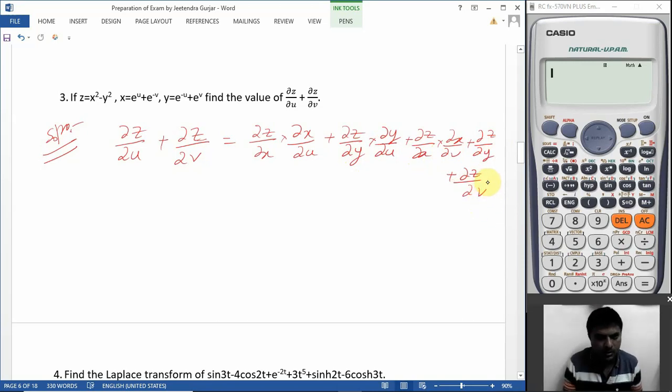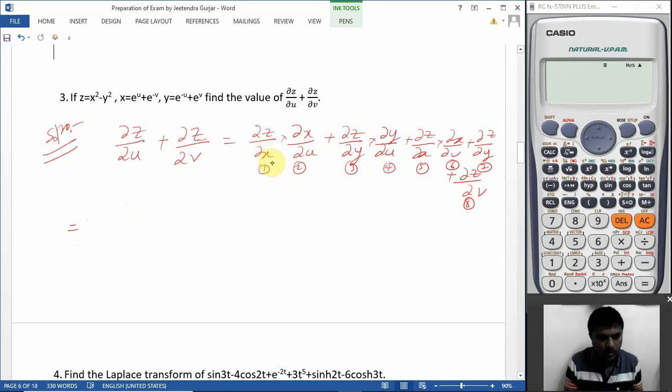So this is the formula. One by one I'm going to substitute the values. How many differentiations are we going to do? One, 2, 3, 4, 5, 6, 7 and 8. All these values you substitute and get the answer in this form.